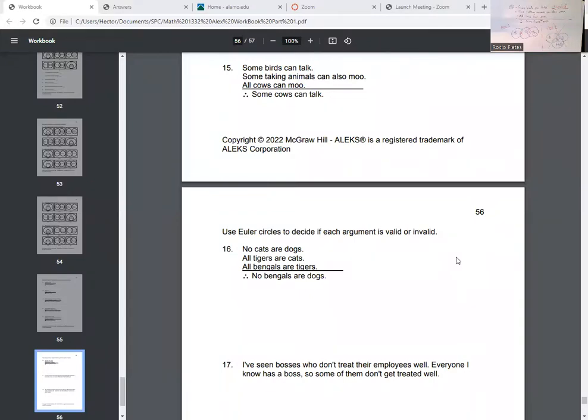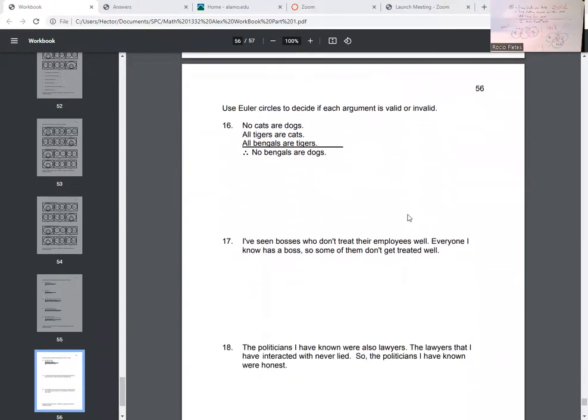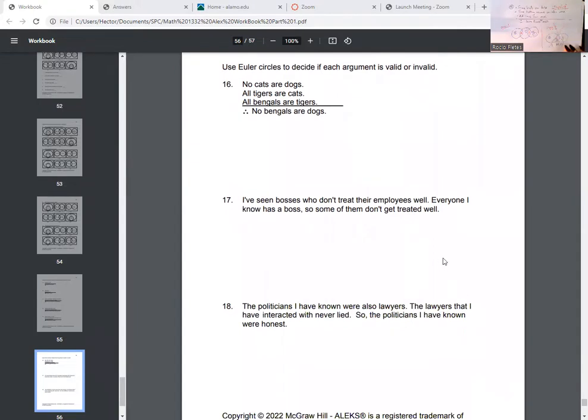And how about we try 16? You want to try 16 also? I wish you could speak back to me here. Okay, let's try 16. It says that no cats are dogs, all tigers are cats, all Bengals are tigers, and no Bengals are dogs. Let me write all three statements here.